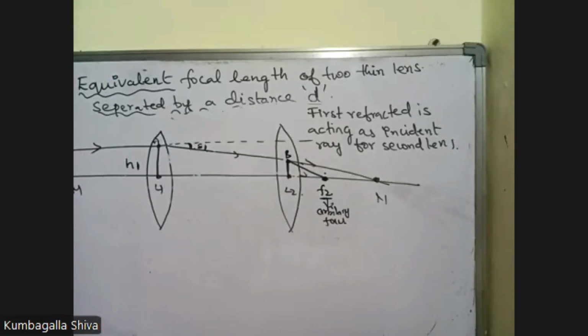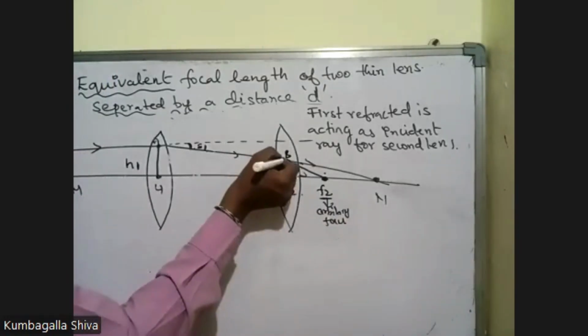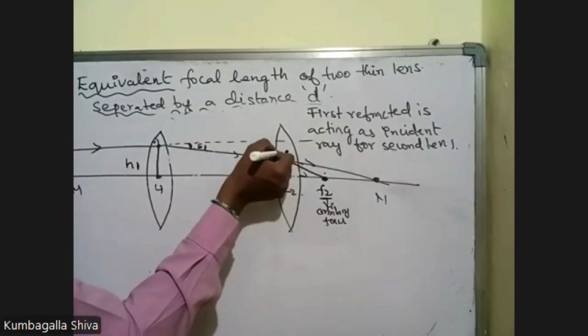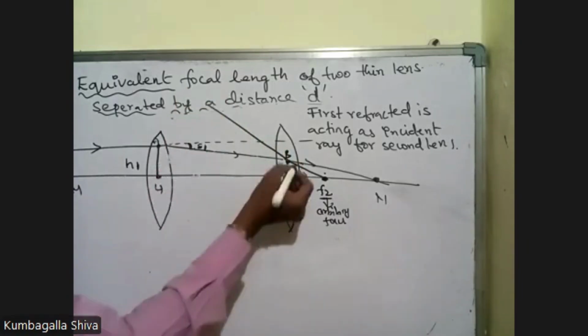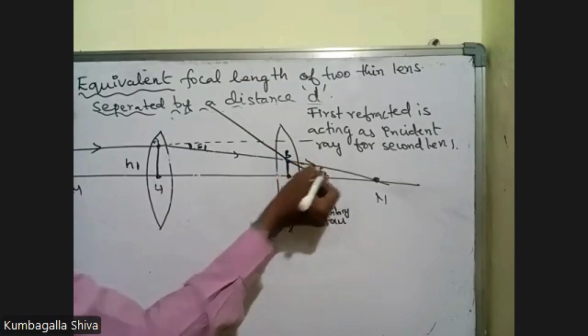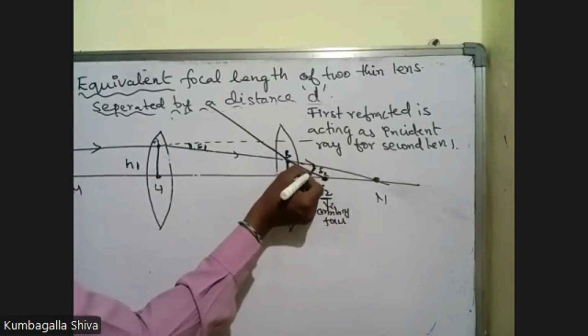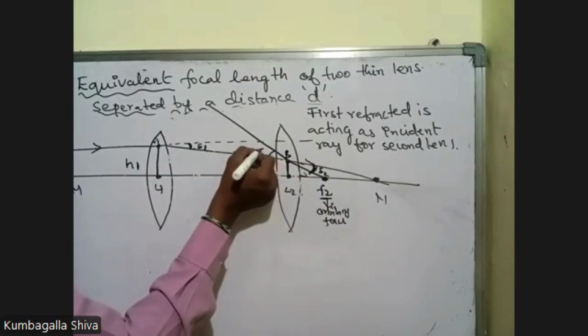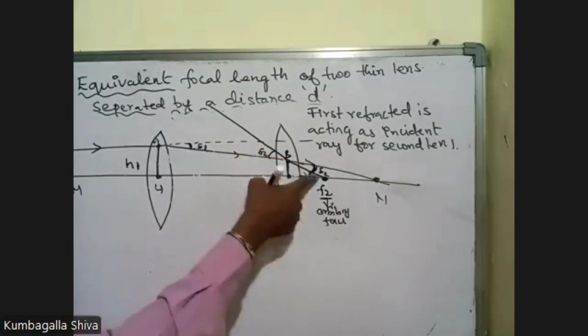Okay. Now what I do is I extend these lines. Since this is from the incident ray and the refracted ray, there is a change, I say this is delta 2. Since this is delta 2, this will also be delta 2, since they are vertically opposite.